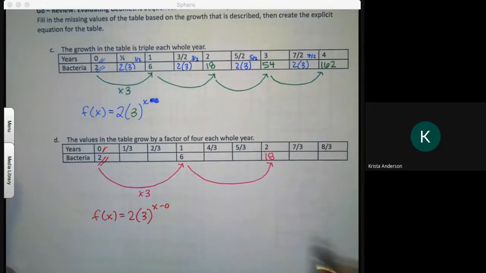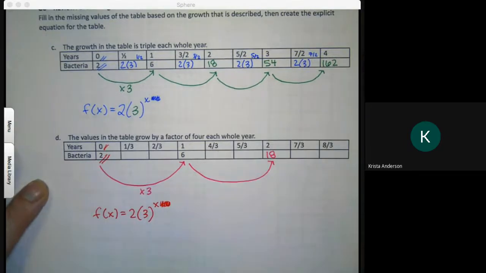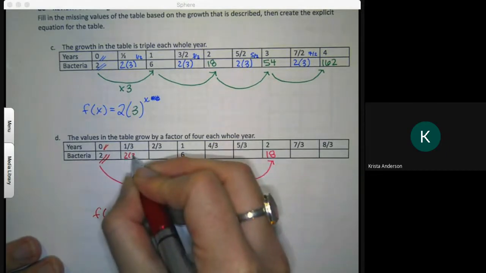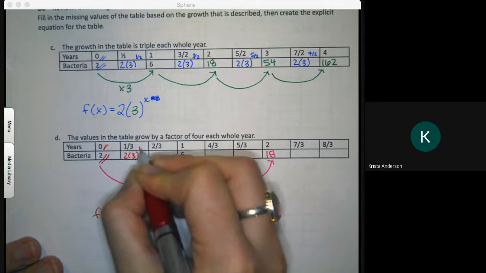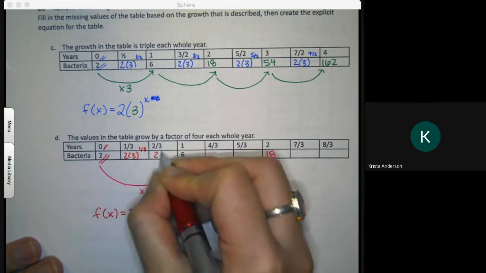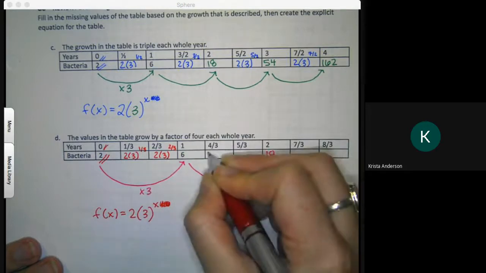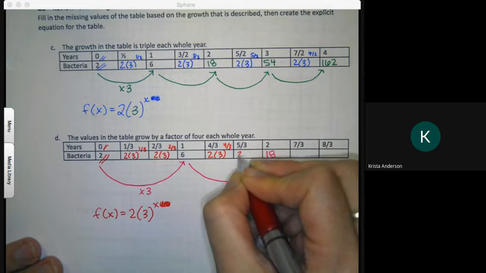I don't need the minus 0. It won't affect the x, so I'm just going to scribble it. Now I place this function in here, 2 times 3, replace x with 1/3. 2 times 3, replace x with 2/3. 2 times 3, replace with 4/3.